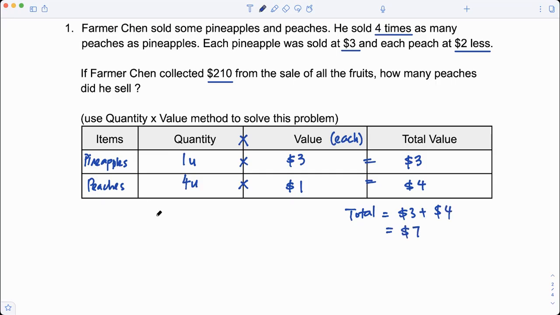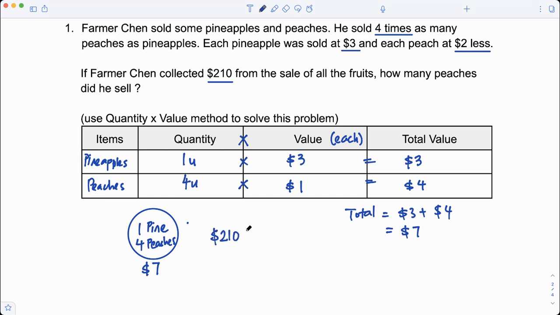What this means is that for every set of 1 pineapple and 4 peaches, Farmer Chen collected $7. He collected $210 altogether.